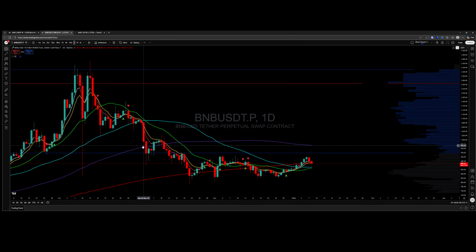Okay, so here's roughly 971. That's the 100. I think I said 787 or something like that. Basically the level of that wick. So that would be the trading range on the weekly, essentially this level to the downside and this level to the upside on the daily.